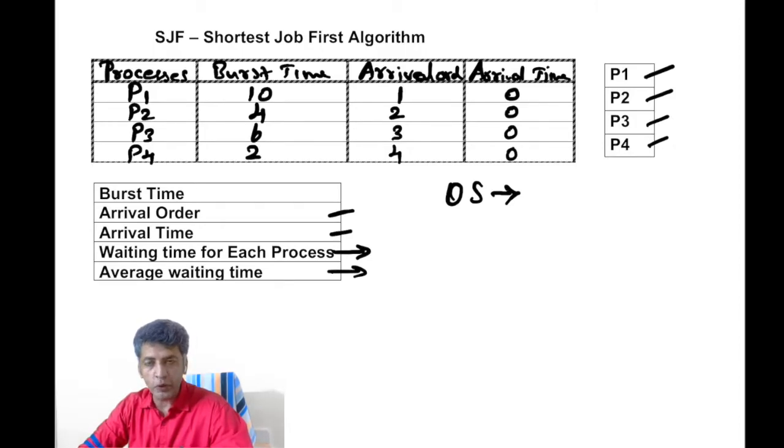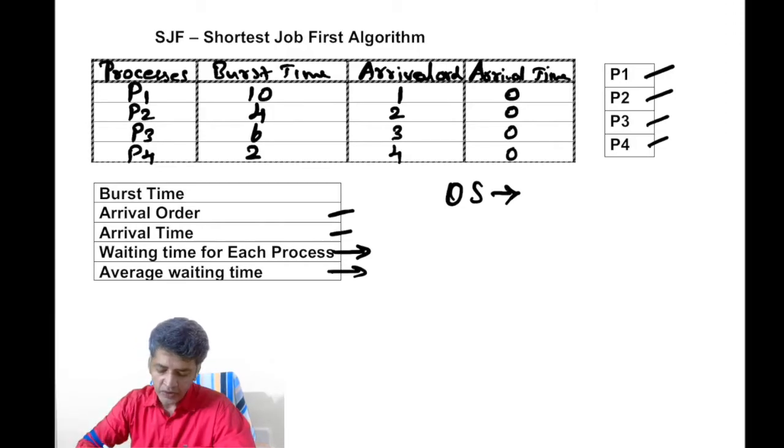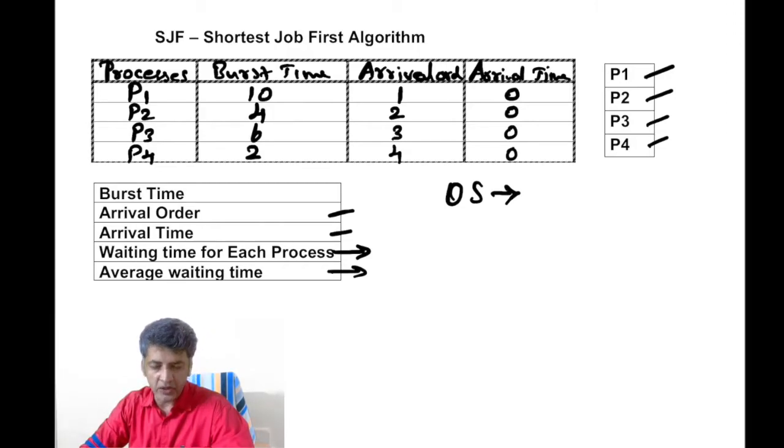Whichever process has the lowest burst time will be ranked first. Here P1, P2, P3 and P4 all have burst times, so the sorting happens inside the operating system. The operating system will find the lowest burst time, so P4 will be taken first because its burst time is 2 only.